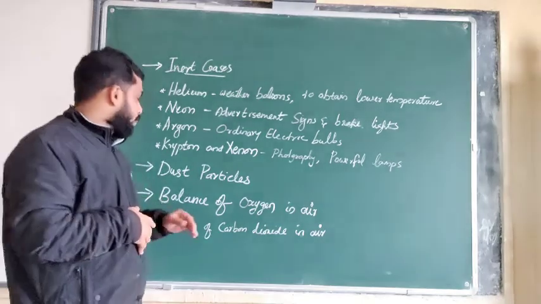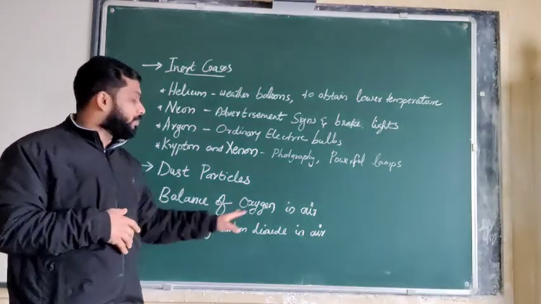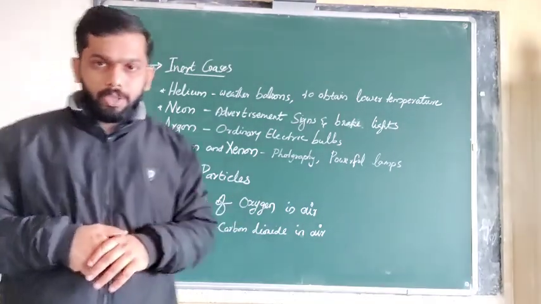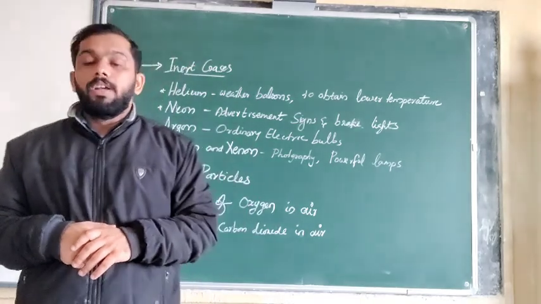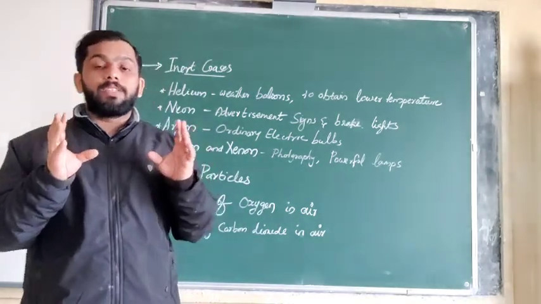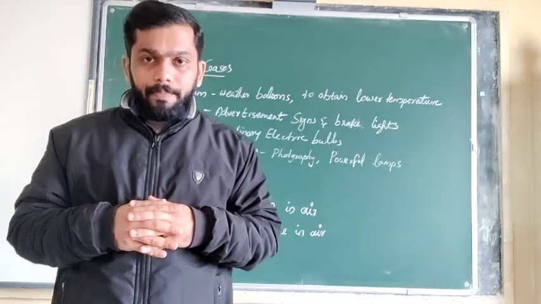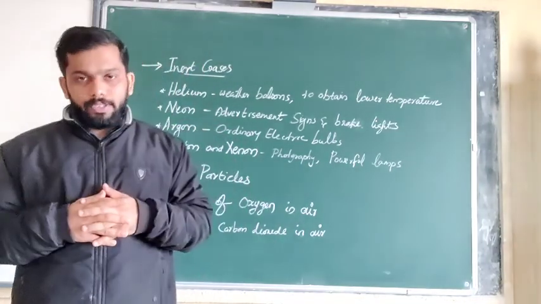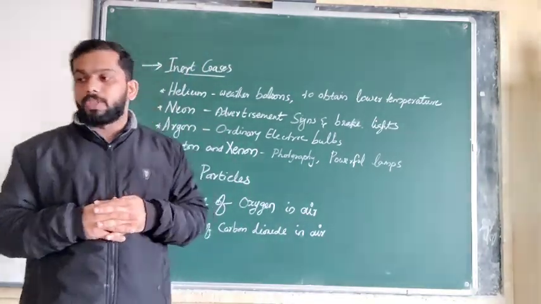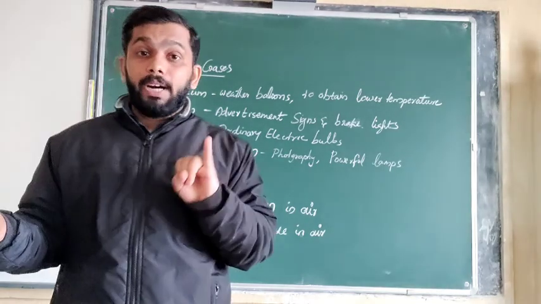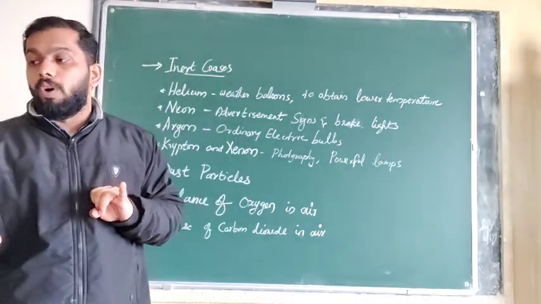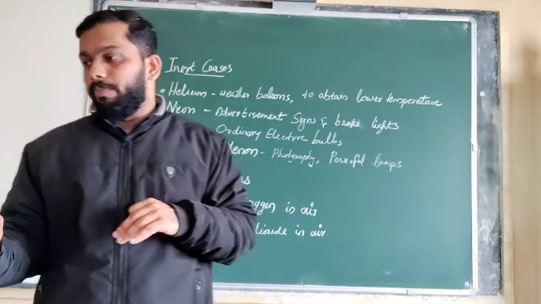Now the next point we have to discuss is the increase of carbon dioxide in the air. One of the main problems faced by human beings is the increase of carbon dioxide. Human beings burn fuels such as oil and coal.